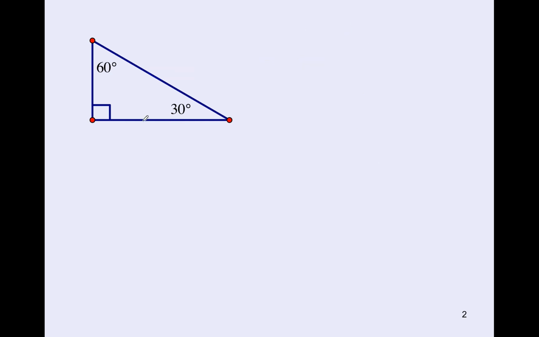All right, now one of the more challenging ones. Let's say that this is 2 root 3. Okay, we know that this is x, and this has to be 2x, twice as big as this. So what we're going to do is x squared plus 2 root 3 squared equals 2x squared.